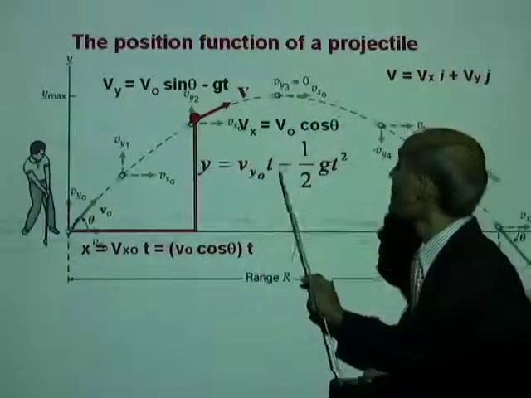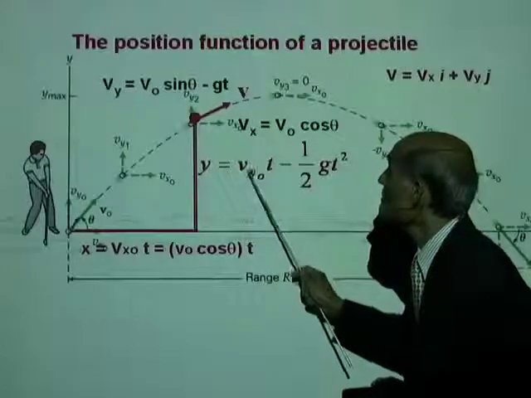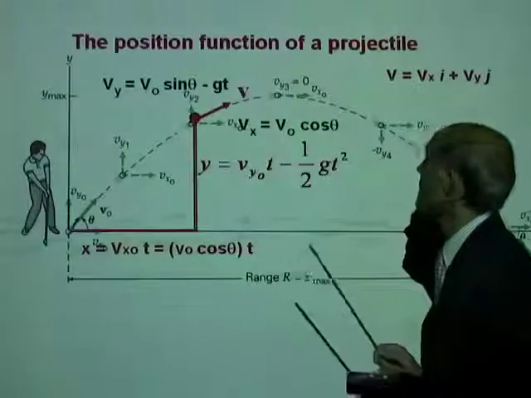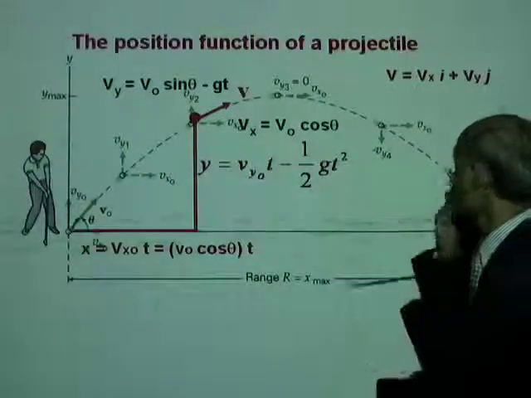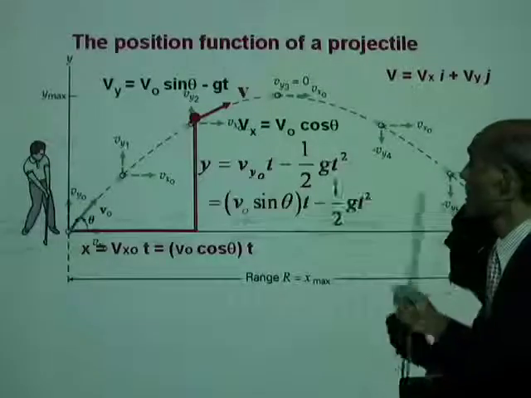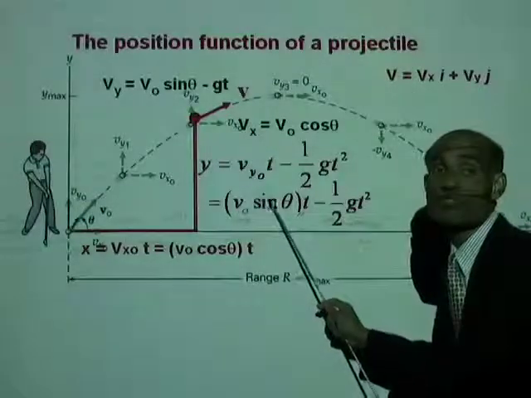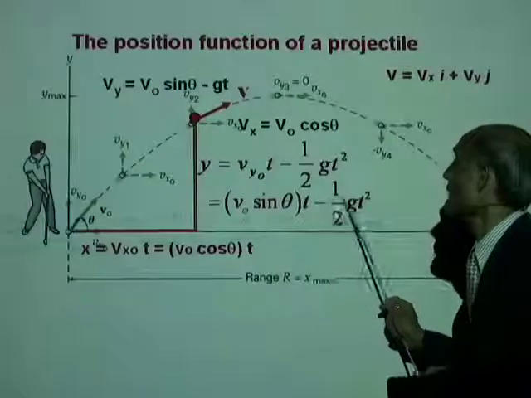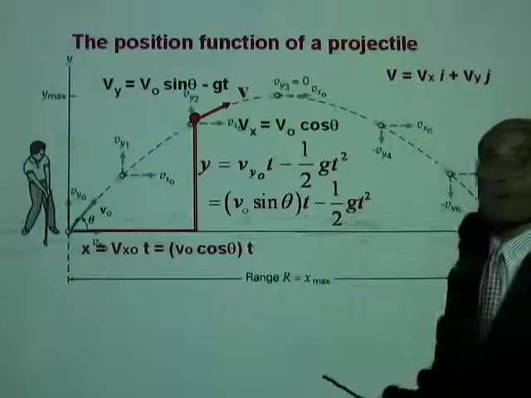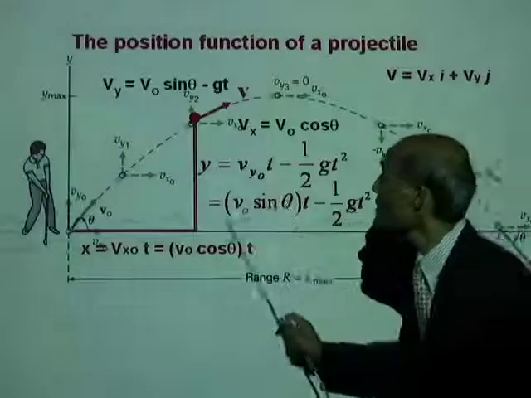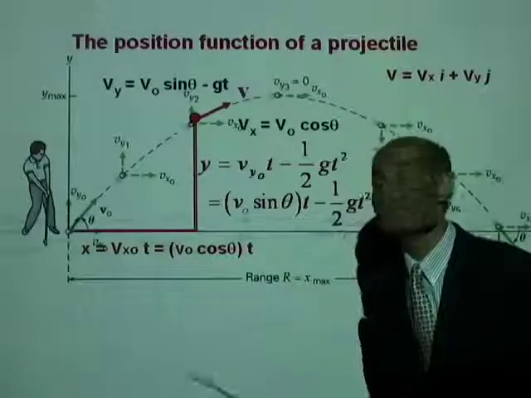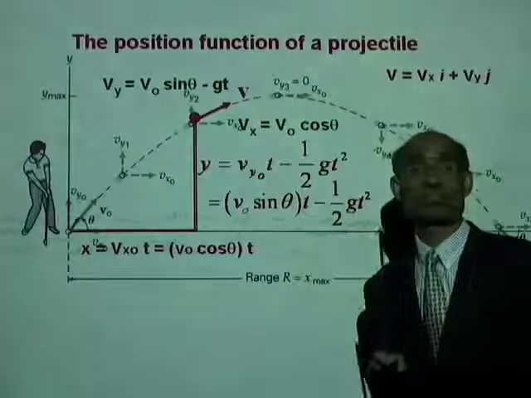So that will be y equal to v0 sine theta t minus 1/2 g t squared. Alright, can you now write the position function for that projected object?